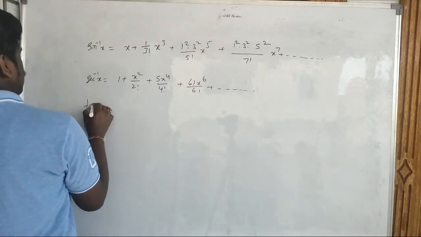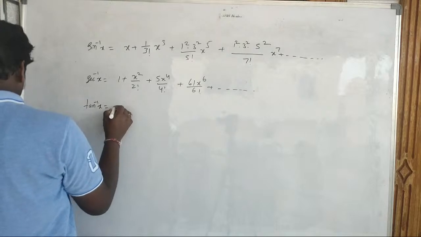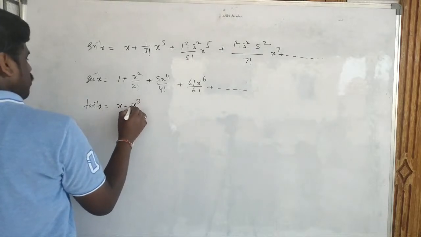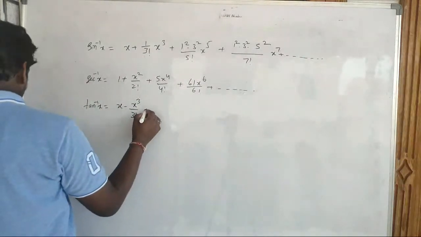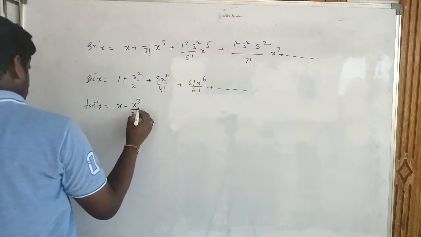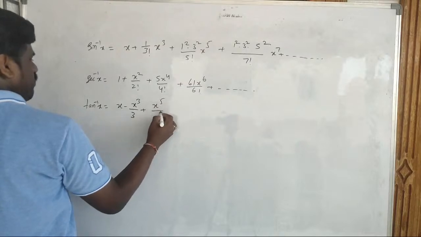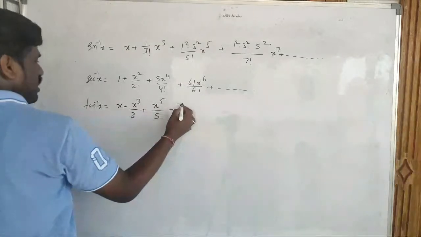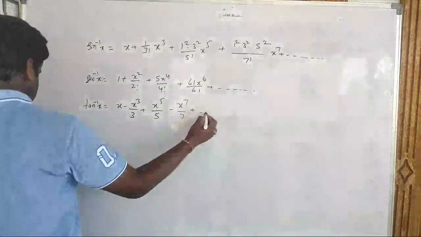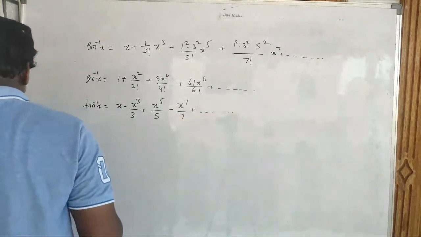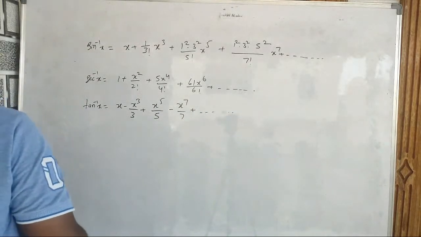Next, tan inverse x. Tan inverse x is x minus x cube by 3 plus x power 5 by 5 minus x power 7 by 7 plus so and so. So these are the remaining expansions.